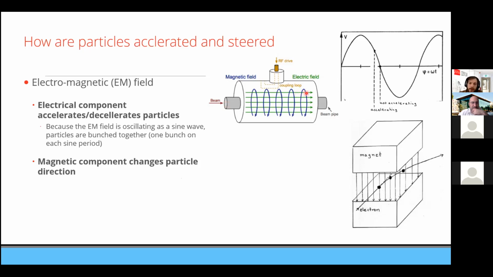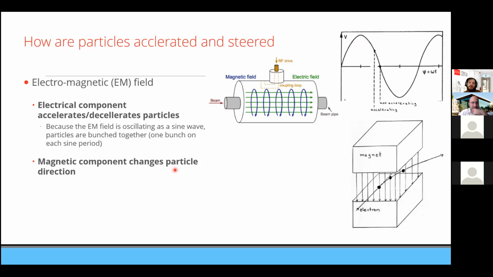For example, an electron gets accelerated in this part of the sine wave, and on this part it is decelerated.